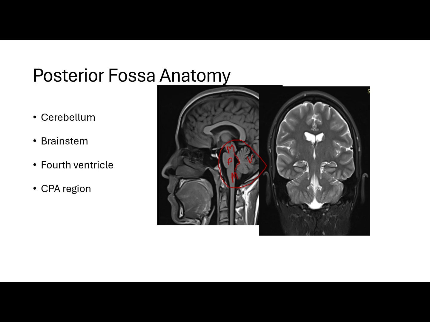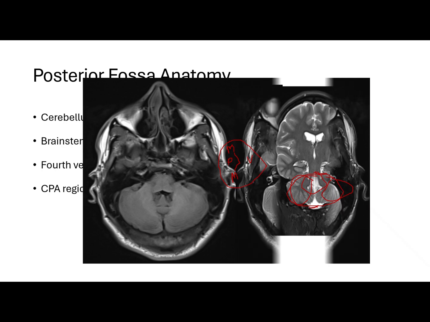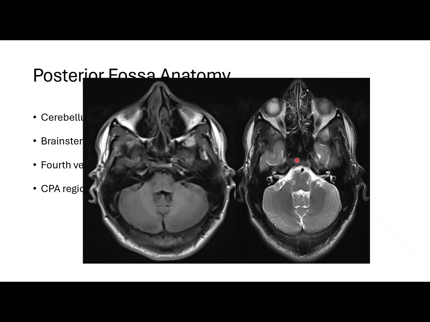Now this is the coronal image. We can see this is the cerebellum. On either side is the cerebellar hemisphere, and this is the fourth ventricle, and this is the CSF space or cisterna magna. In this image we can see this is the T1 weighted axial image. This is the T2 weighted axial image. So we can see this is the CP angle on either side, through which cranial nerves 7 and 8 traverse into the internal auditory canal, and this is the inner ear.